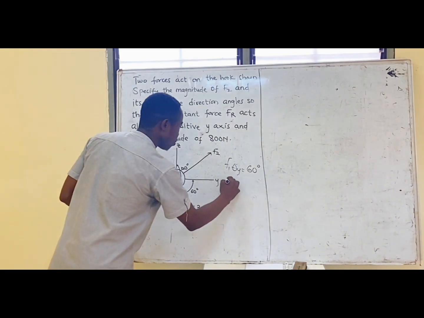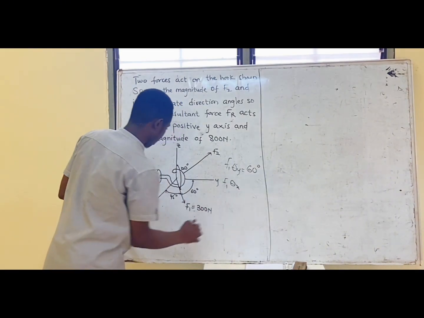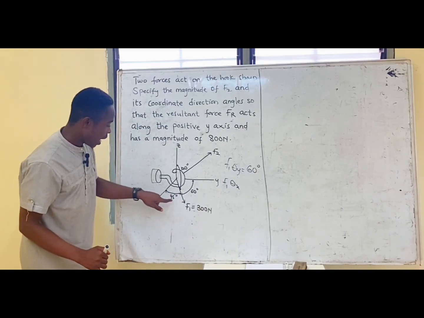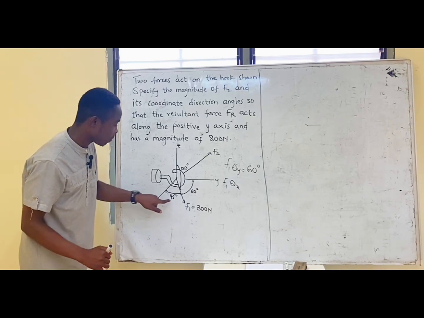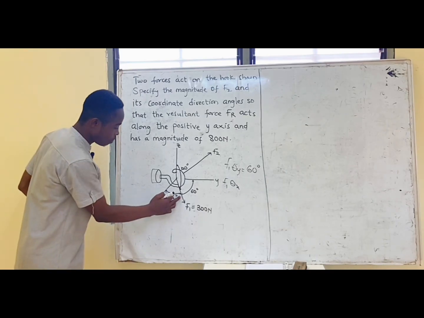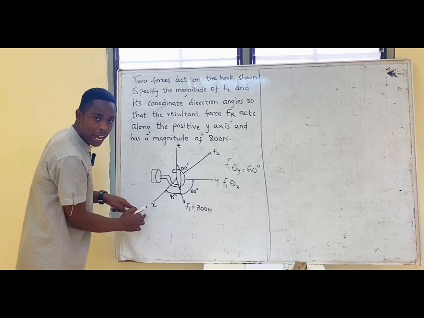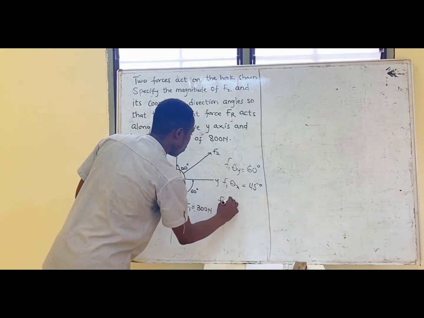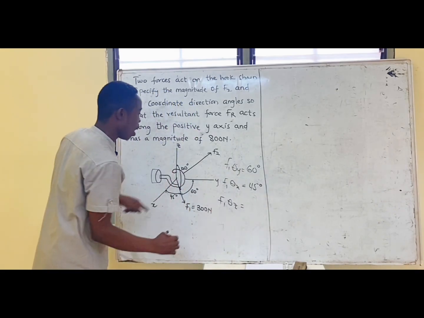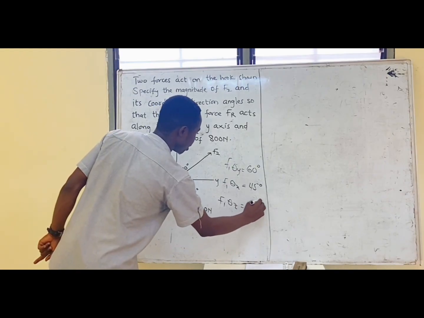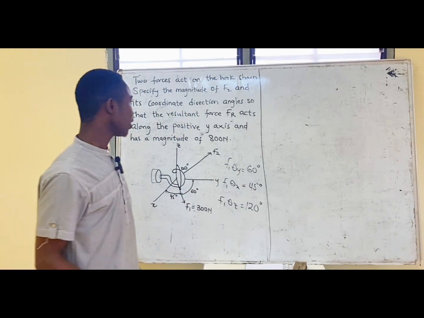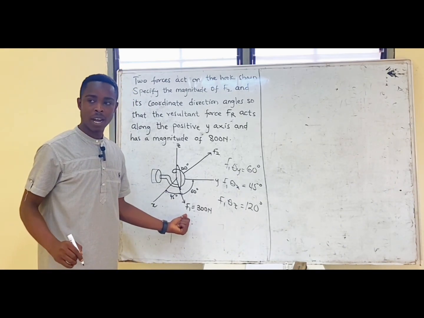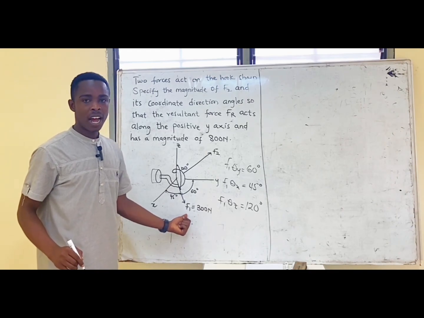Then we have F1 theta x. The coordinate direction for x with respect to F1 is 45 degrees because F1 makes an angle of 45 degrees with the x axis. And that for the z axis is 120 degrees.